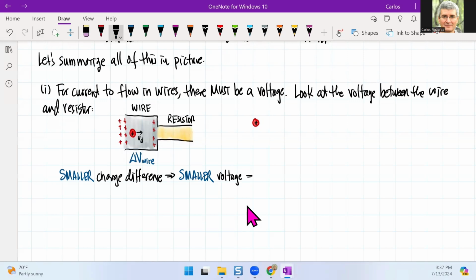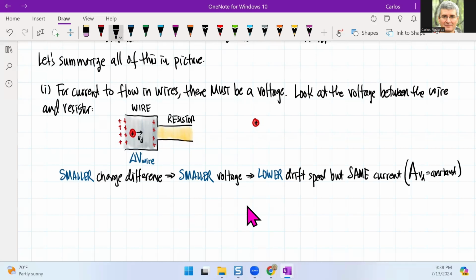And if I have a smaller voltage, then that means I have to have a lower drift speed, but the same current. In this wire, I have a bigger area, a smaller drift speed, and that has to stay constant.